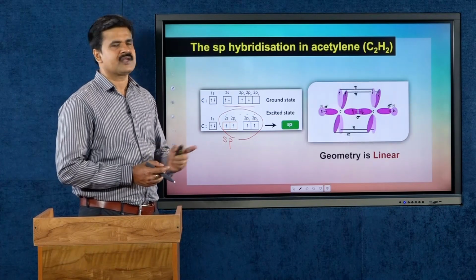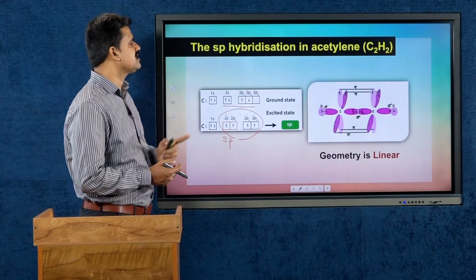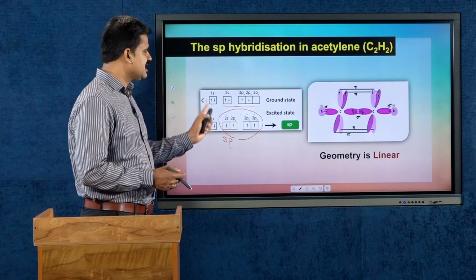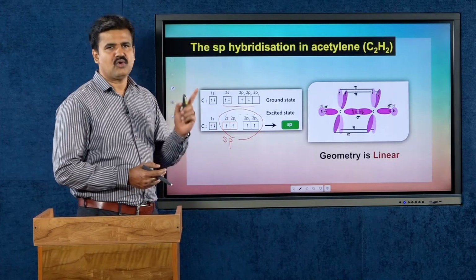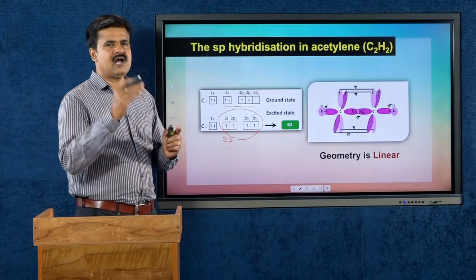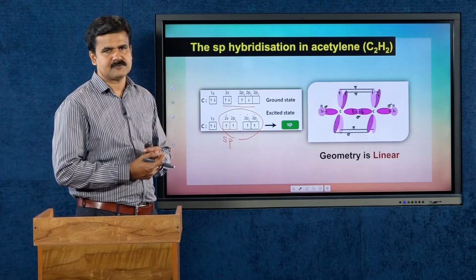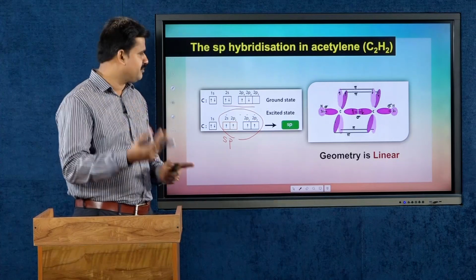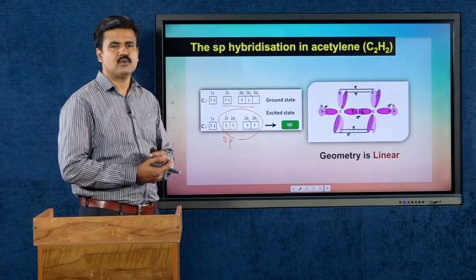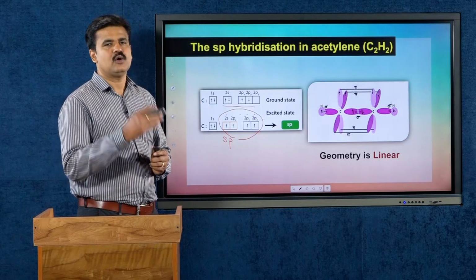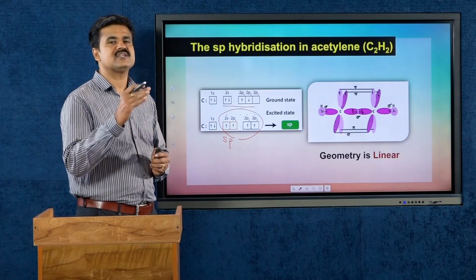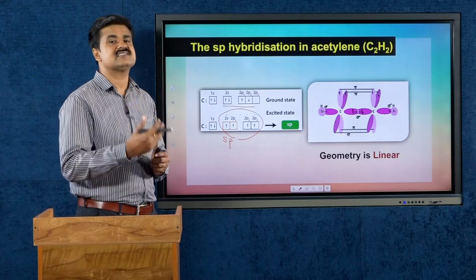Now, during the formation of the acetylene molecule, the sp hybrid orbital overlaps with another sp hybrid orbital of carbon to form a sigma bond, and the remaining sp hybrid orbital on each carbon overlaps with the 1s orbital of hydrogen to form a CH sigma bond.